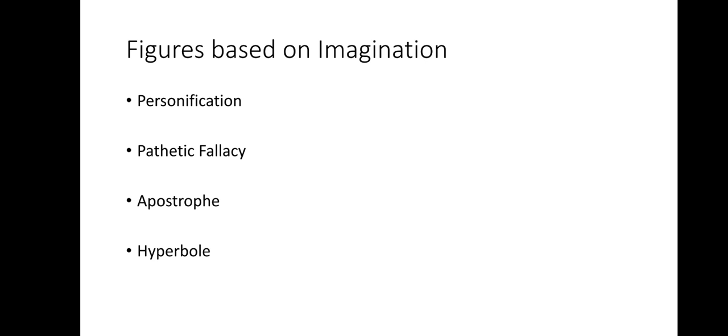For example, the train panted into the station. Now, the train is a machine. It cannot pant. Pant means taking deep breaths. Just like a man who takes a deep breath after a long journey, a long walk, or a long run, a train, after traveling 100 kilometers, reaches another station.